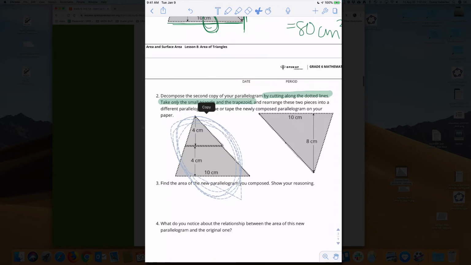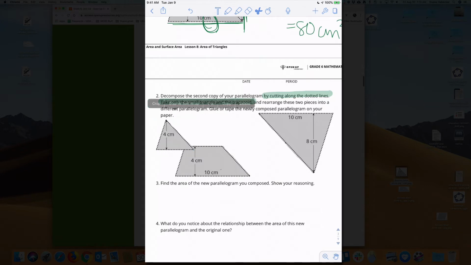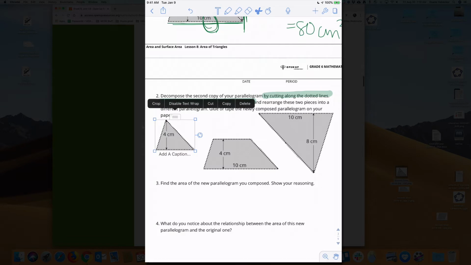It was quite some time before I realized, no, I was actually supposed to also cut this apart to create a trapezoid and a triangle. And what we're supposed to do is we're supposed to create a new shape, what does it say? Create a new parallelogram. So I'm going to take this guy and I'm going to rotate him. And I'm going to slide it right there.